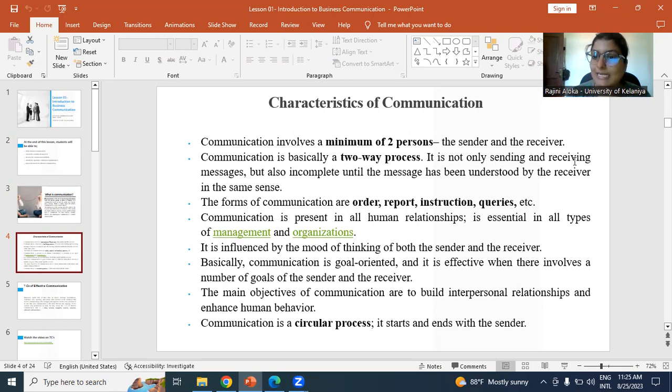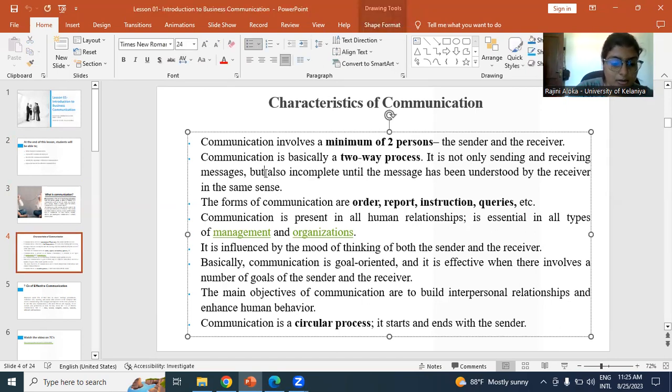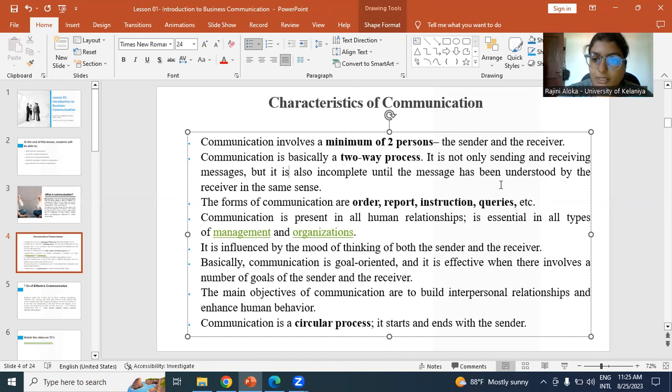It is not only sending and receiving messages; it is also incomplete until the message has been understood by the receiver in the same sense. So the process of understanding is also necessary. The forms of communication are order, report, instruction, queries, etc.